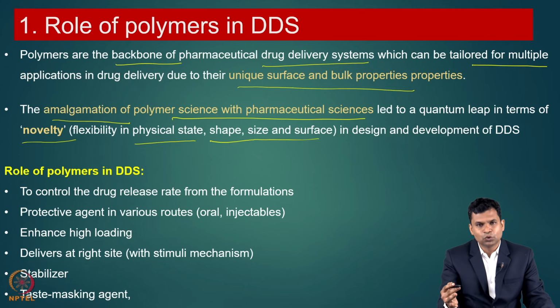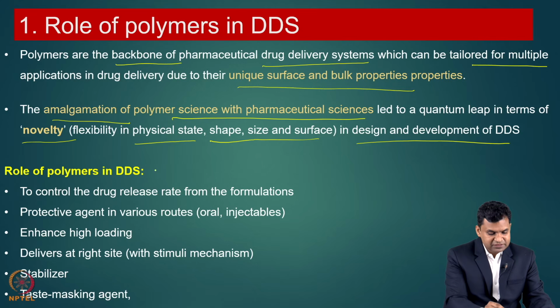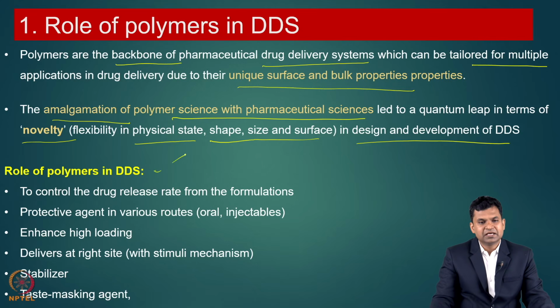There is a huge scope: by playing with polymer materials we can design and develop novel drug delivery systems. These are the various roles of polymers in drug delivery systems.